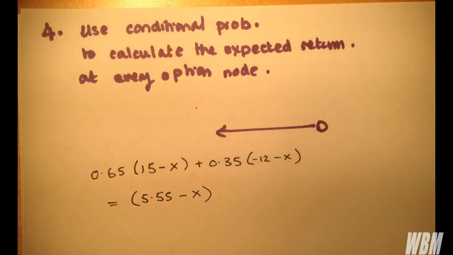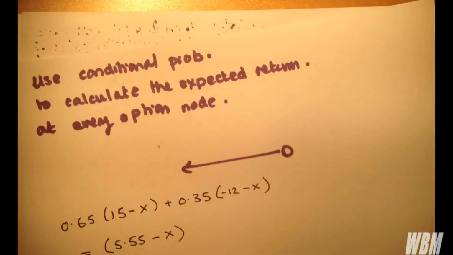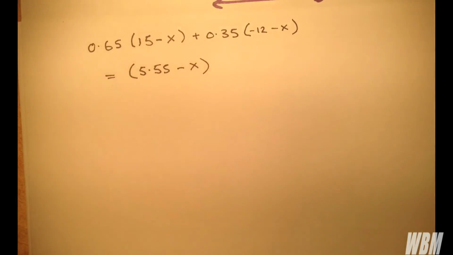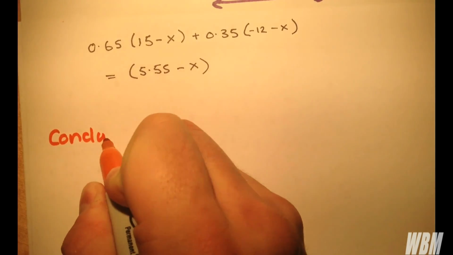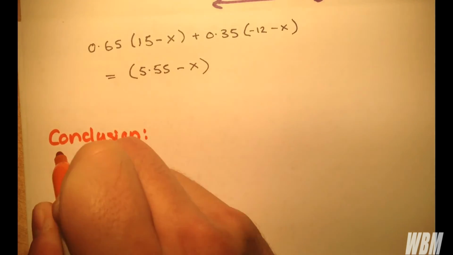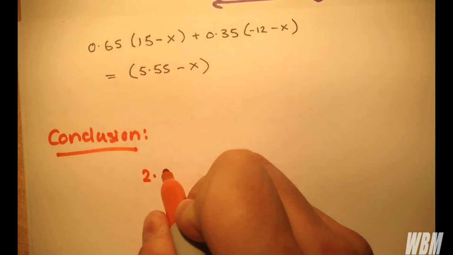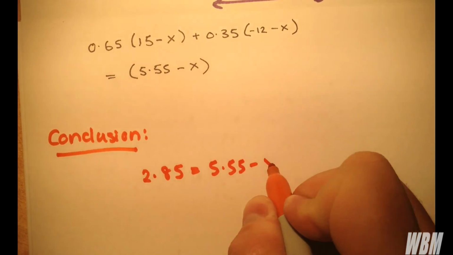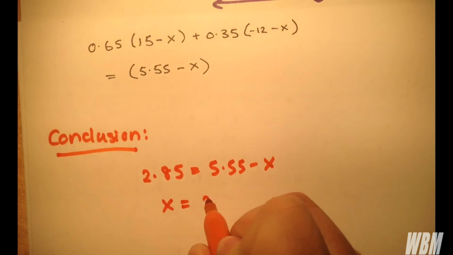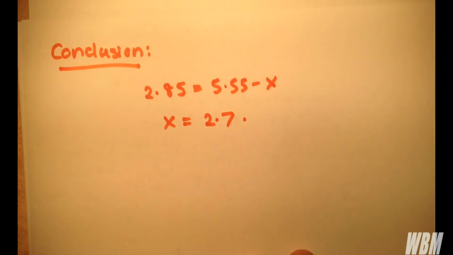Well, if we equate the two, we can come to a conclusion. Setting 2.85 equal to 5.55 minus x, we have a value of x equals 2.7. So what does that tell us?